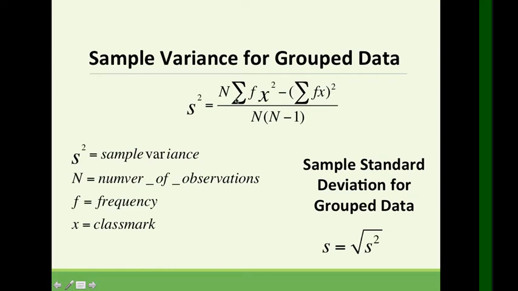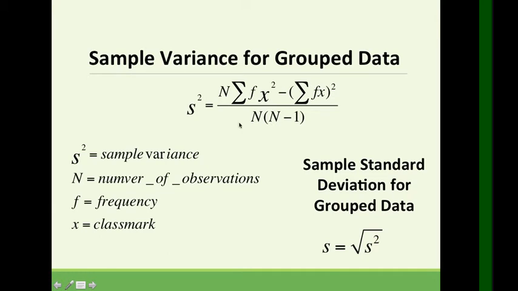So, magkaiba itong dalawa, no? Kasi ang hanapin lang natin dito yung summation of f of x. Tapos, i-squared natin siya. Dito naman, summation of f of x squared. Yung squared, nasa x siya. No? Wala siya sa kabuuan.